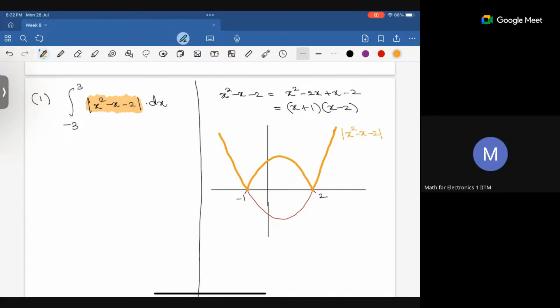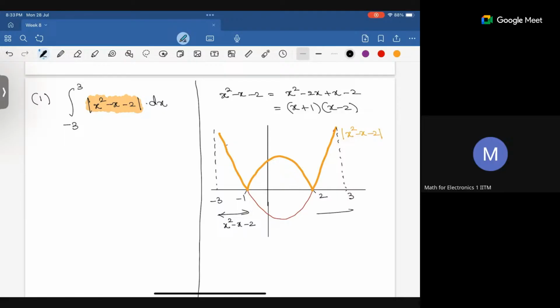Now what do we want? We want the area under the curve of this function from -3 to +3. And -3 will be somewhere here, +3 will be somewhere here. From -3 to -1, the function is the same, x square minus x minus 2.